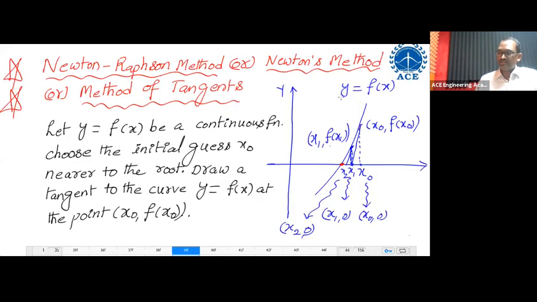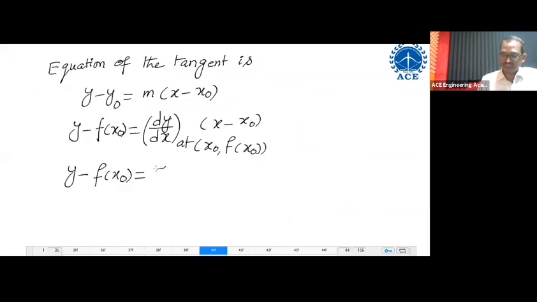Look there, y is equal to f of x. dy by dx is equal to f dash of x, at x coordinate x naught only. X coordinate x naught is required, y coordinate is not required because we have x only.